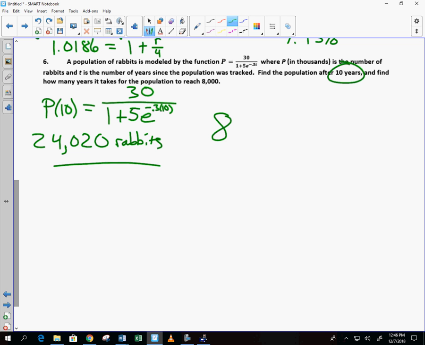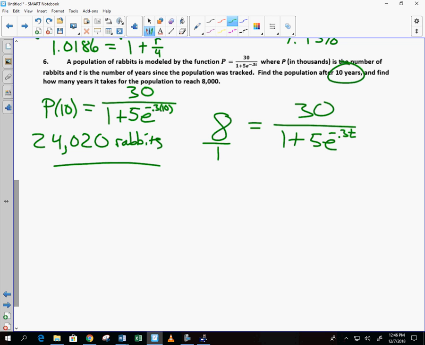So don't plug in 8,000, plug in 8. There's 2 ways to solve this. I gave this problem to you yesterday in your notes or in your assignment.